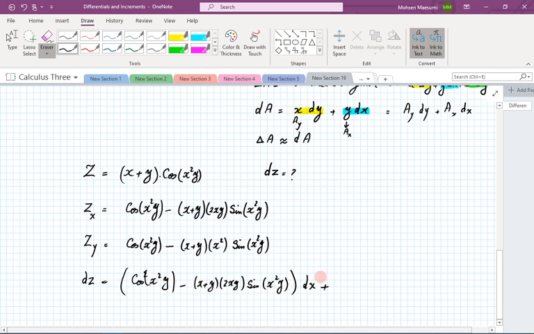And then the other expression, whatever it is, cosine of x squared y minus x plus y times x squared times again sine of x squared y, all of it times the differential of y.